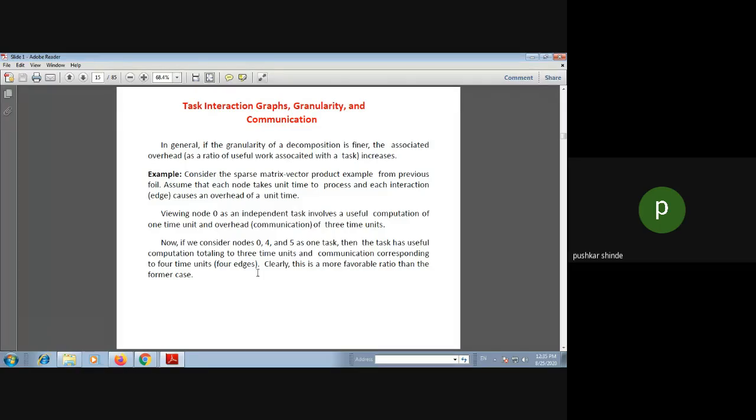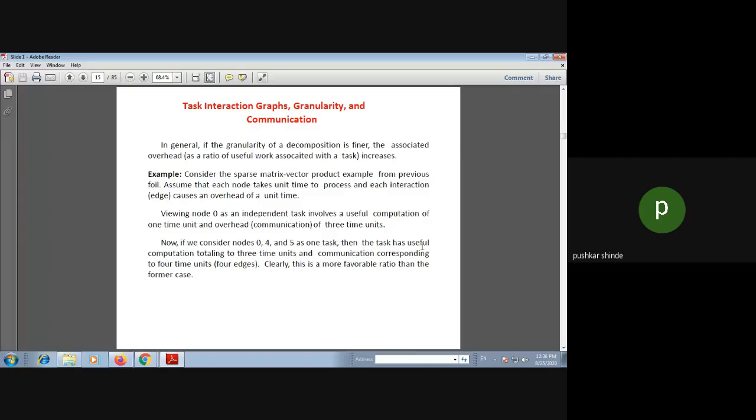Now if we consider nodes 0, 4, 5 as one task, we are not making it finer, we are making it coarse. In the earlier point, we had a finer task decomposition. Now we take multiple tasks as one unit: nodes 0, 4 and 5 as one task.